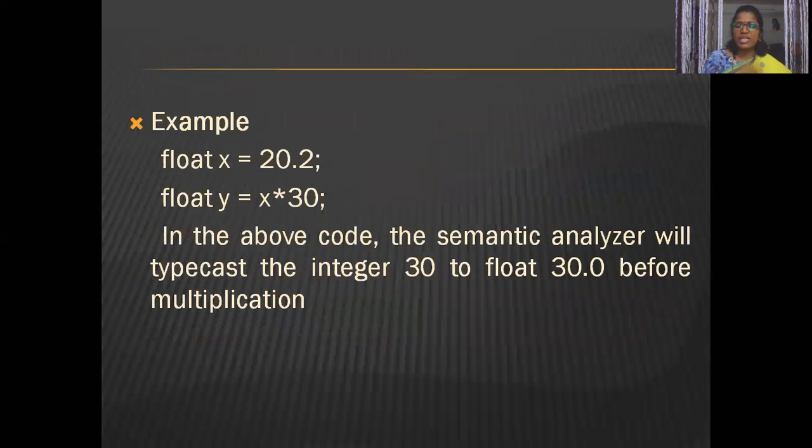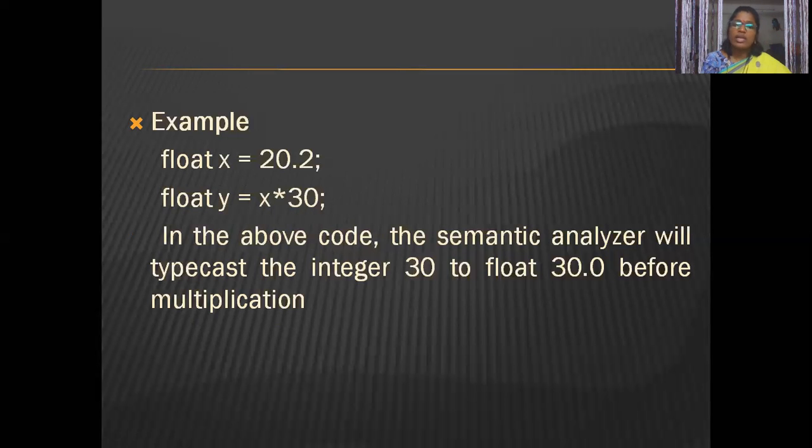Next phase, you can see an example. So here, x is defined as float. That means the value assigned here is 20.2. It is okay because x is defined as float, it is allowed to write 20.2. Whereas y is float as well, and you are multiplying your x, which is float, with an integer. So it has to follow some rule, and semantic analyzer will typecast, means convert.